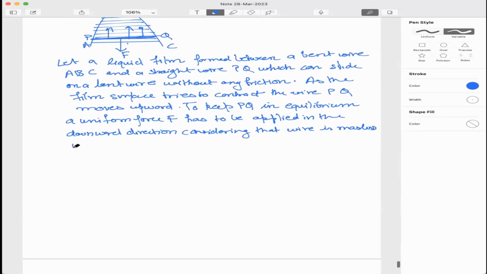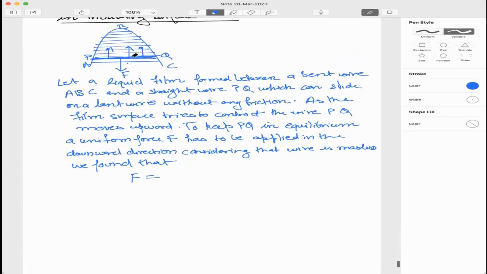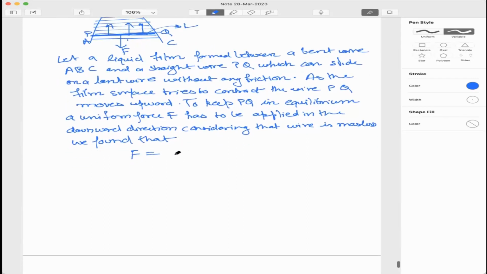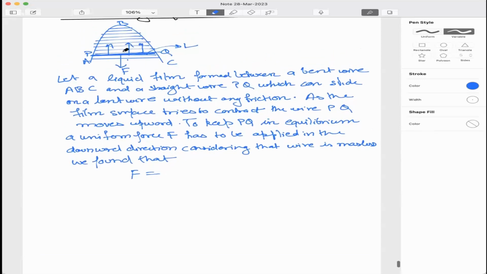And we found that this force F should be equal to, let's say, L the length of the wire. So in this direction, what is the force?